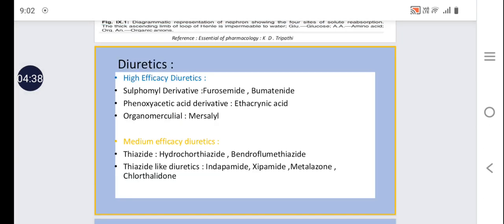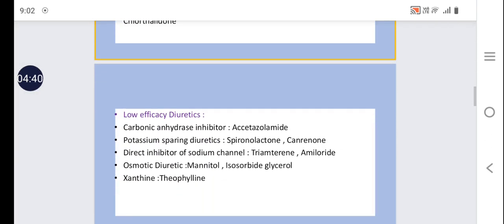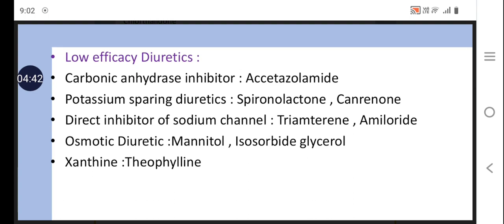And next are the low efficacy diuretics. In low efficacy diuretics, there are carbonic anhydrase inhibitors like acetazolamide, potassium sparing diuretics like spironolactone, and direct inhibitors of the sodium channel like triamterene or amiloride, osmotic diuretics, that is mannitol and isosorbide dinitrate, and the xanthine derivative, that is theophylline.